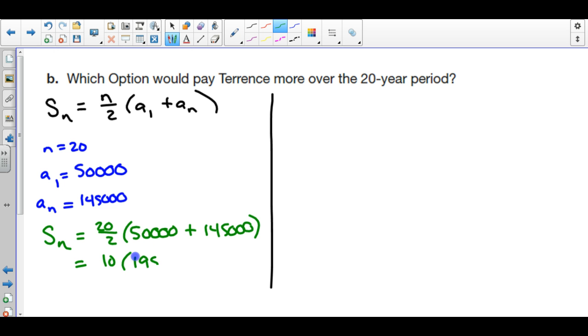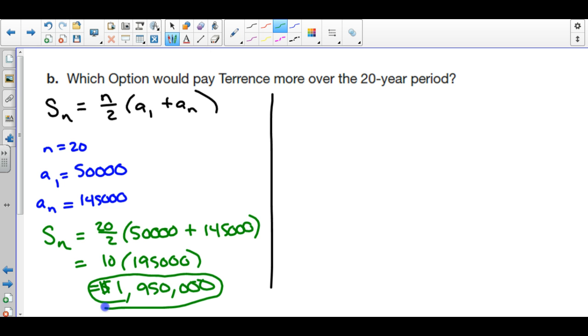That whole number on the inside is 195,000. So really what you're going to be doing is just sliding that decimal over one spot. So he ends up earning $1,950,000. That is a crap ton of money. Okay, so that's how much he earns over that 20-year span. This is an arithmetic series. It is finite. We're evaluating over that 20-year period.